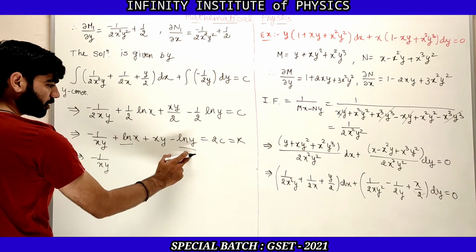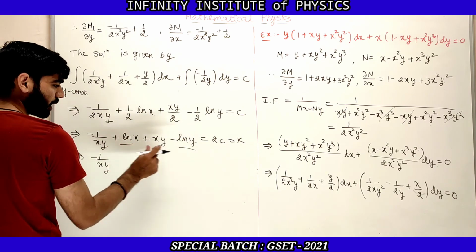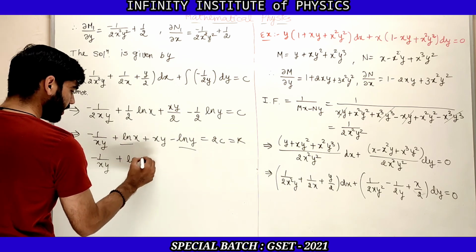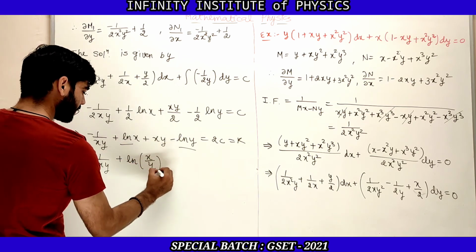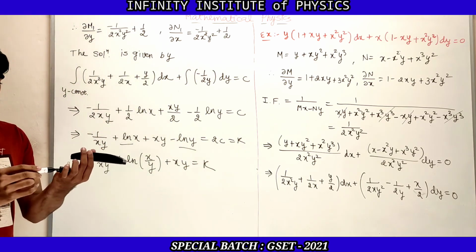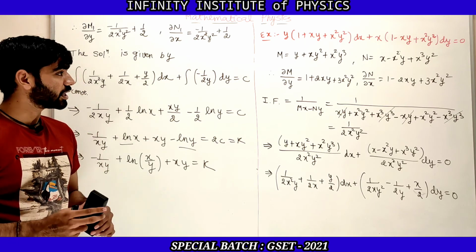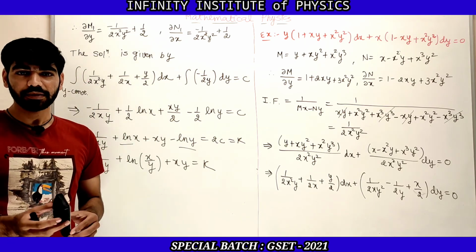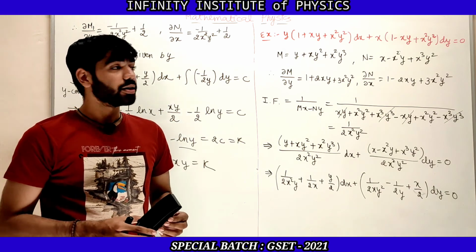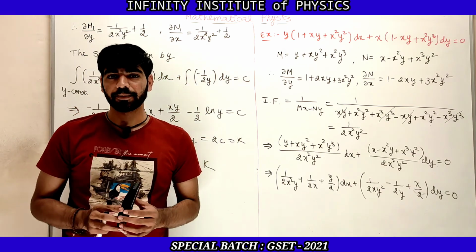So using that property of logarithm, if we have log a minus log b, then we can write log a by b, then it will be minus 1 by xy plus ln of x by y plus xy, which is equal to k, and which is the required solution of that given differential equation. And this is how we can calculate the examples related to non-exact using that case number 3.